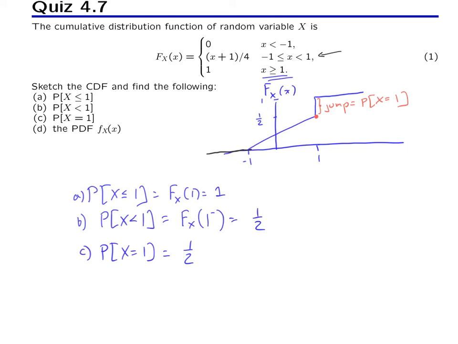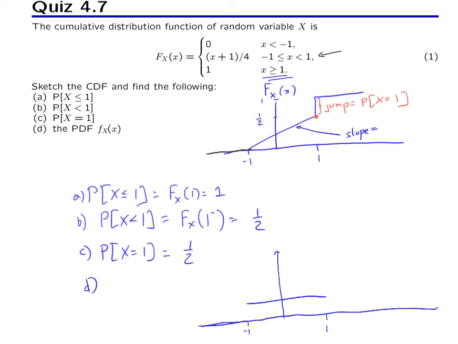And finally, we can find the PDF by graphically taking this derivative. Here's -1, here is 1. This derivative is 0. Then it's a constant value, and the height of that constant value is this slope.